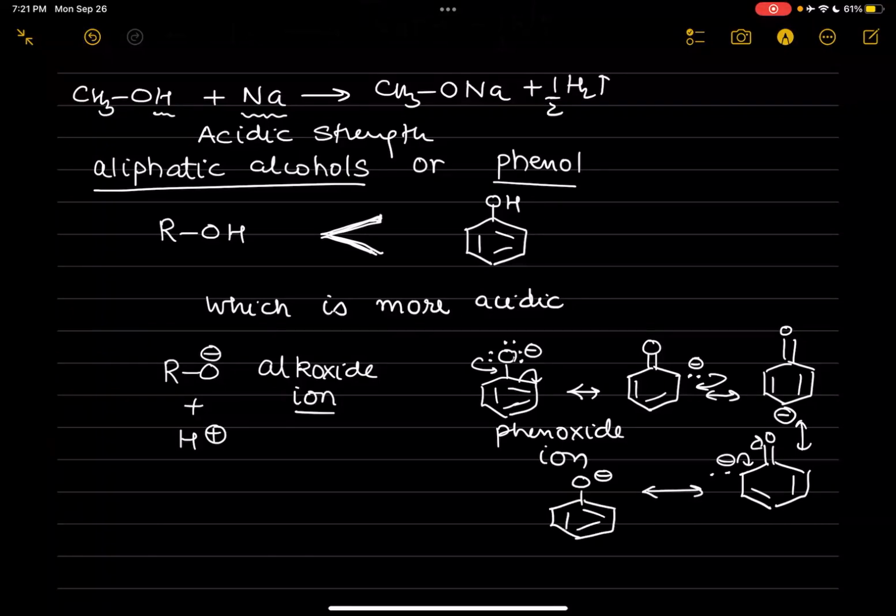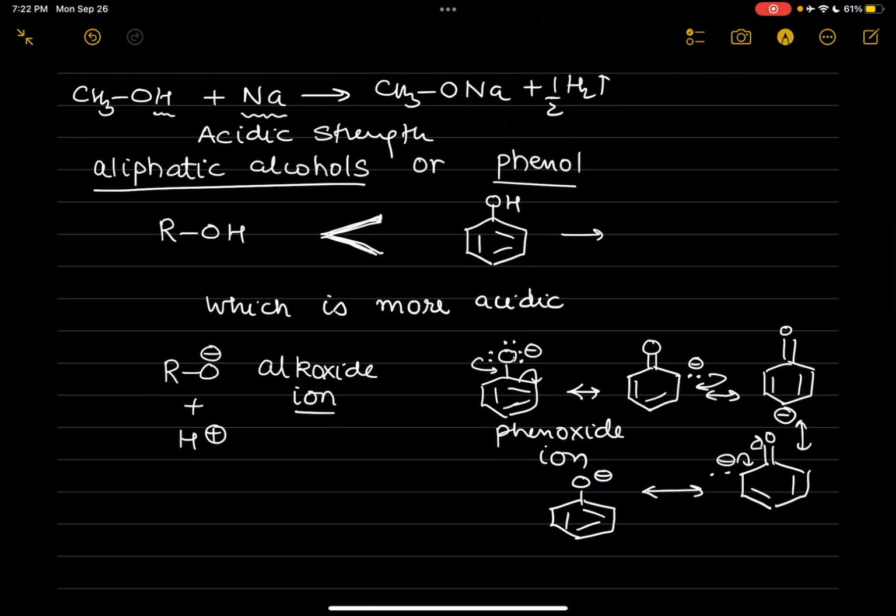You don't have to write all these structures, but you need to keep in mind that this negative charge is going to move in the ring. And if it moves in the ring, it is going to spread. And if it spreads, then how will it attach with its H plus?